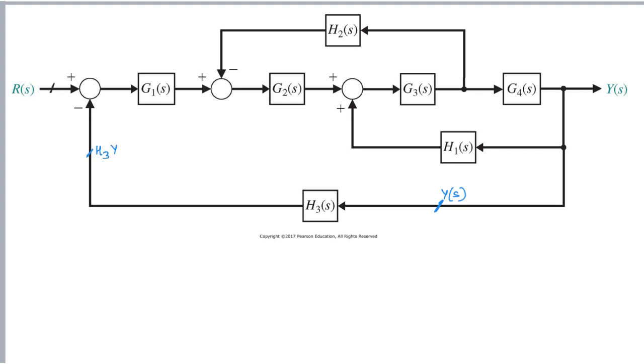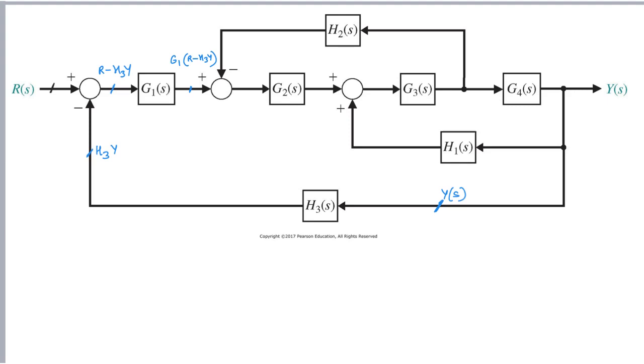I'm just not going to write the s terms because it makes it so much easier to write it down. So the value at this point is going to be R minus H3Y. So this signal here becomes G1 (R minus H3Y).